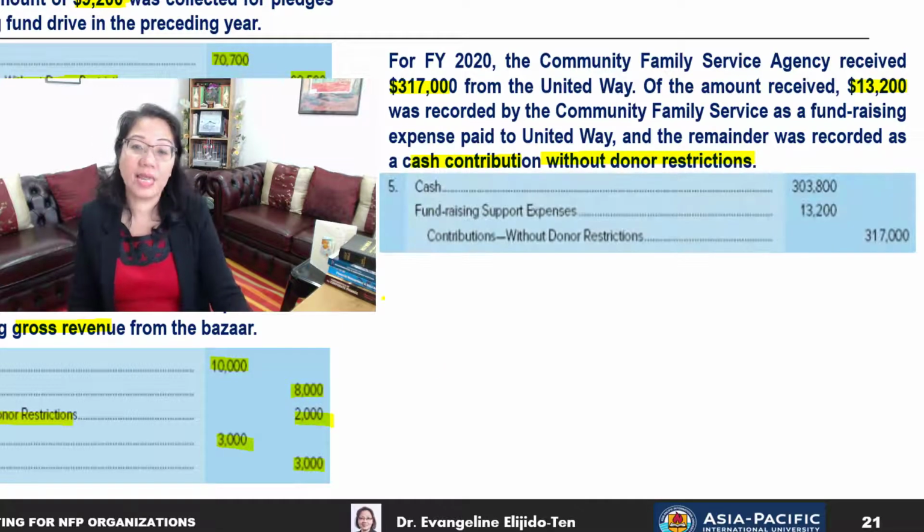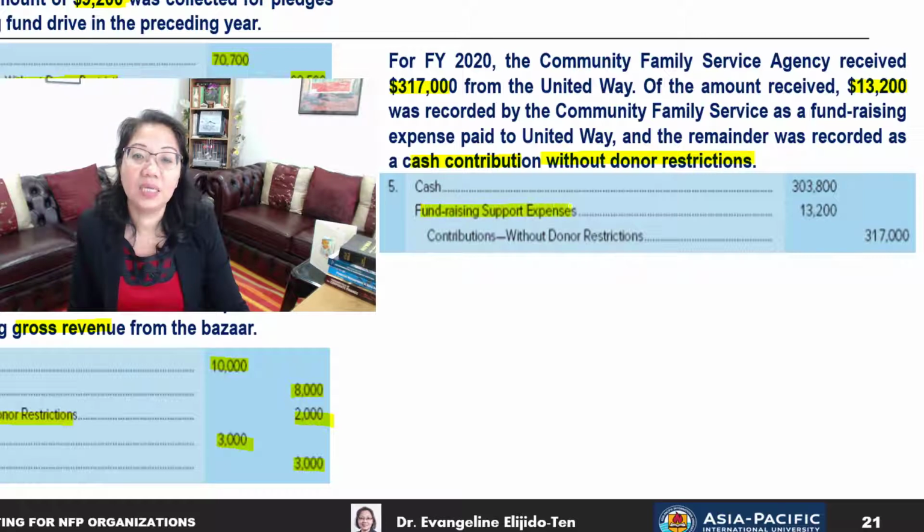So the journal entry would be to debit cash as well as fundraising support expenses. The cash to be debited is really the difference between 317,000 and the recorded fundraising expense of 13,200. So that is 303,800.